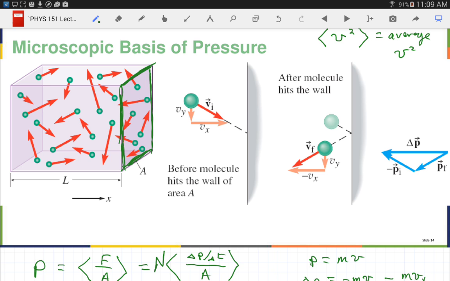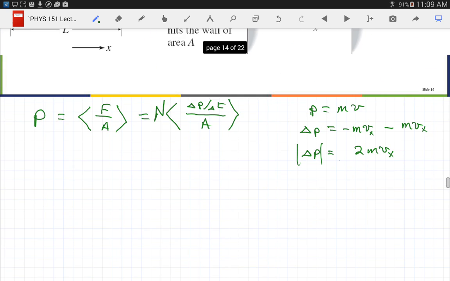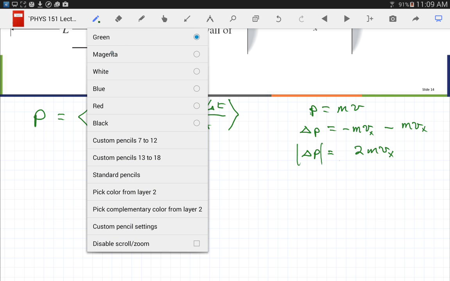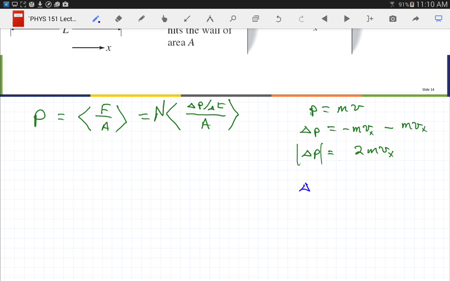What's the relationship between distance and velocity? Okay, velocity is distance over time, which means time should be distance over velocity. So the time between collisions is going to be the distance has to go back and forth, not just one time across the box, but two, divided by the speed.